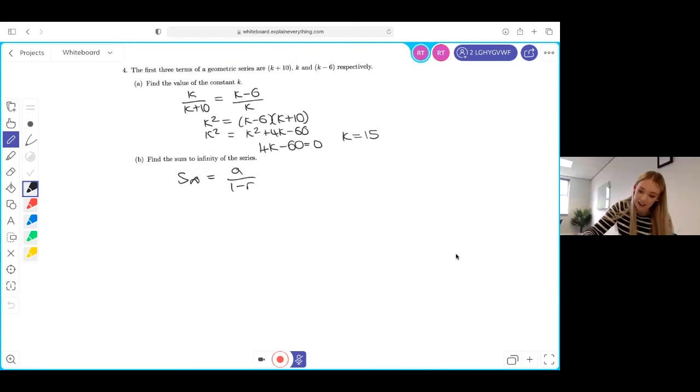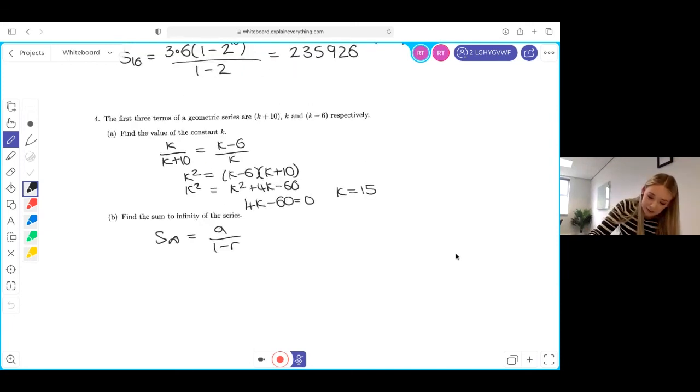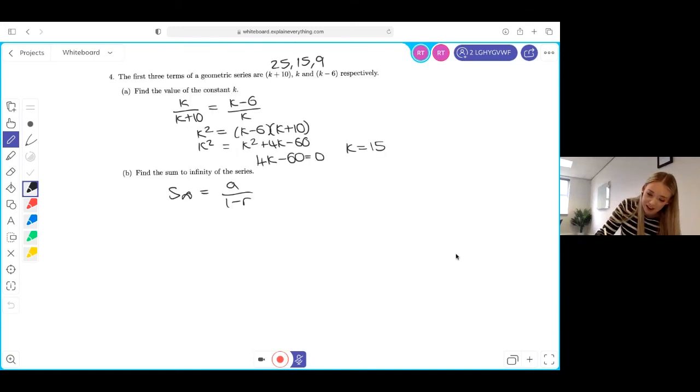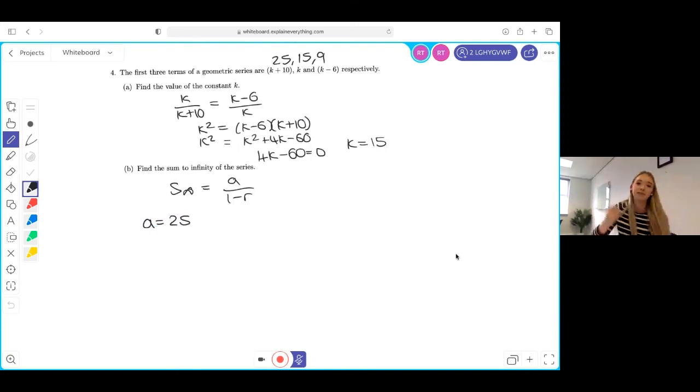So if k is 15, my first term would be 25, my second term would just be 15, and my third term would be 9. So I know that is my first 3 terms. So a must be 25, and then the common ratio between them is either if I do 15 over 25 or 9 over 15.